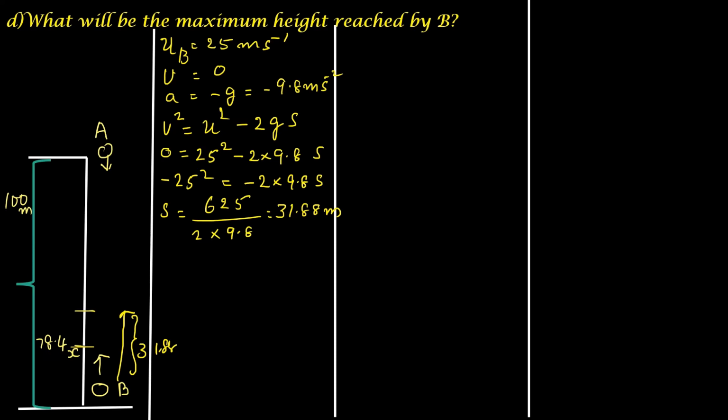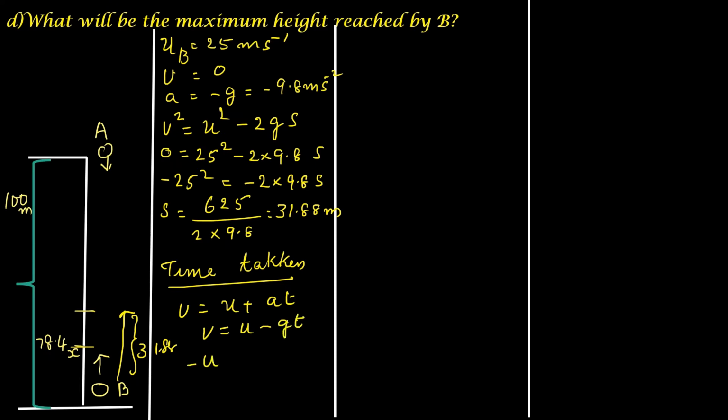In order to verify this, we have to find out the time taken for reaching this maximum height of 31.88 meter. We will use the formula v is equal to u plus at, which becomes u minus gt. At maximum height, v is equal to 0. Therefore, negative u is equal to negative gt.